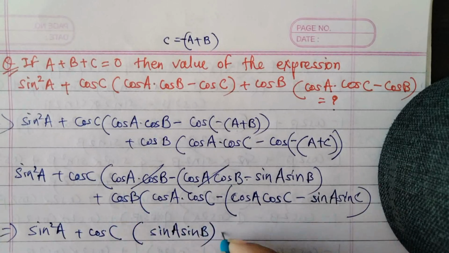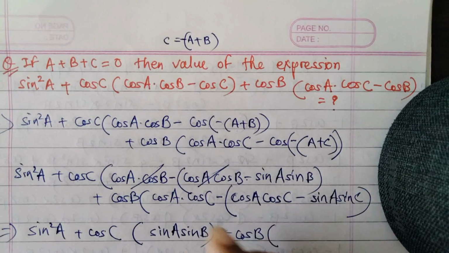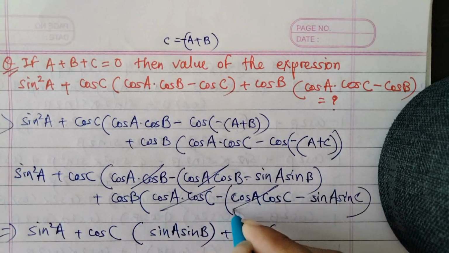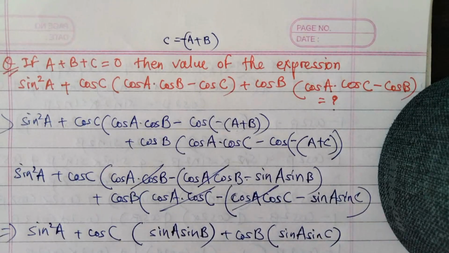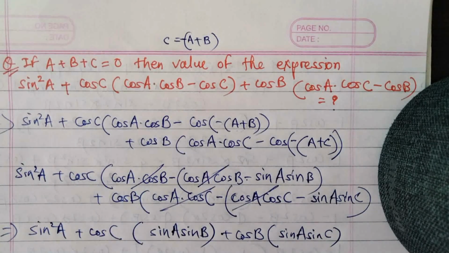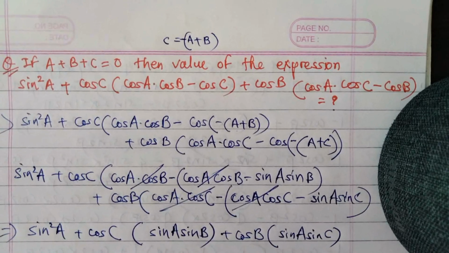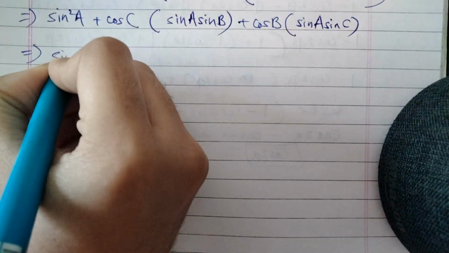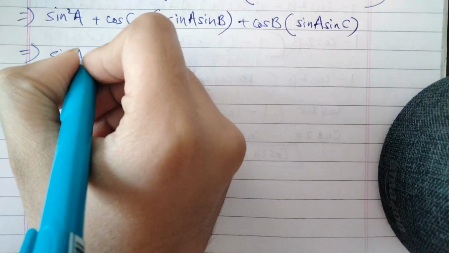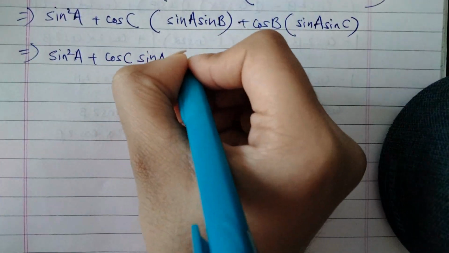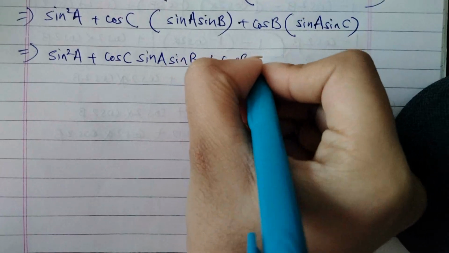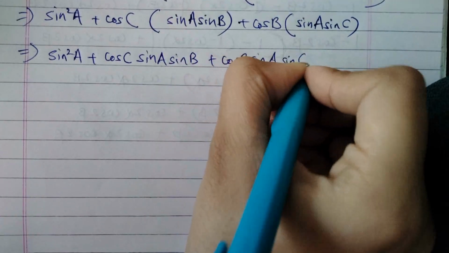Again, cos B into plus cos A cos C minus cos A cos C will get cancelled, minus into minus this will become plus sin A sin C. Then in the next step, let us multiply the brackets: sin square A plus cos C sin A sin B plus cos B sin A sin C.